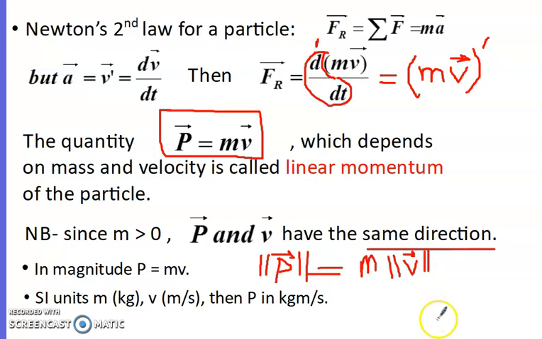Okay? Now what's the SI unit of P? This is mass in kilograms, speed in meters per second. You get P in kilogram meter per second. And so you can write Newton's second law in this form. The resultant force, or sum of forces, is the same.